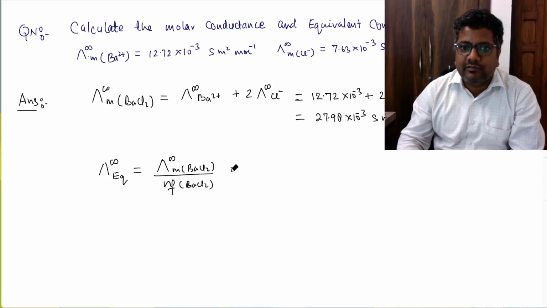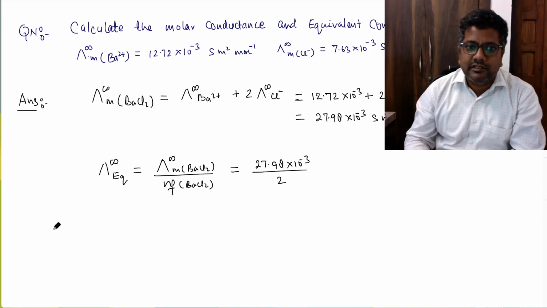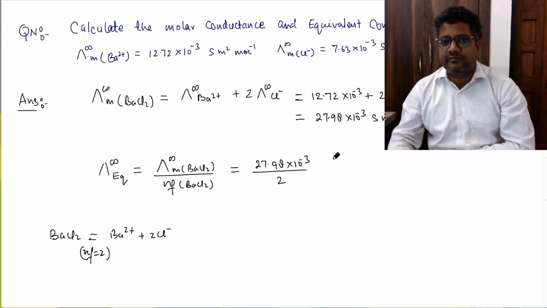Molar we have already calculated, 27.98 into 10 to the power minus 3 divided by 2. See, BaCl2 is a salt, so Ba2 plus and 2Cl minus, so n factor is equal to 2 because of the total positive charge or total negative charge.